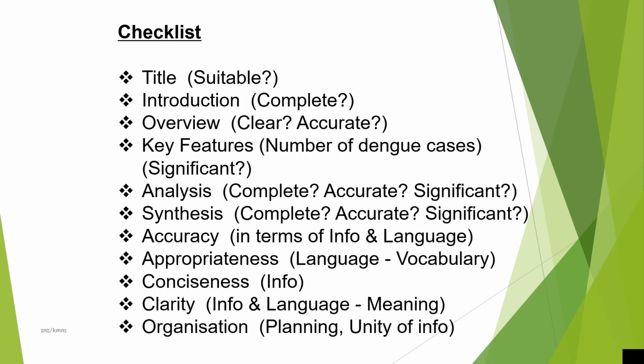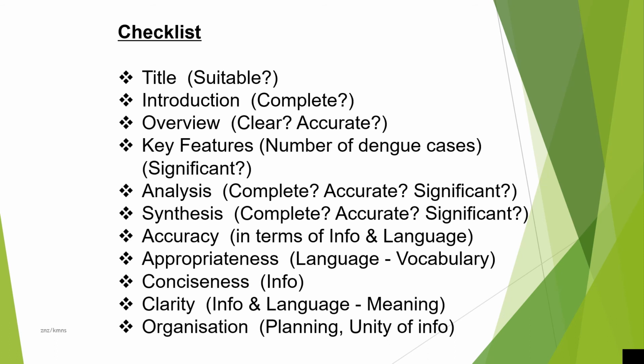I have given you the do's and the don'ts and how to go about writing a report. Please go by this checklist to check that you have all the information that you have to have in a report. The title, the introduction, the overview, the key features, the analysis, the synthesis, the accuracy.